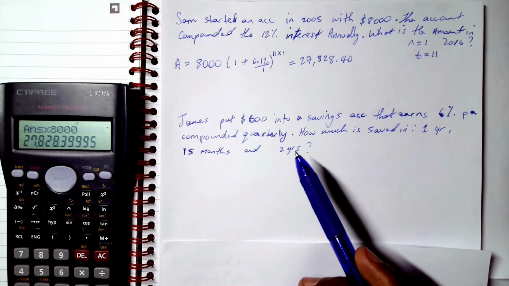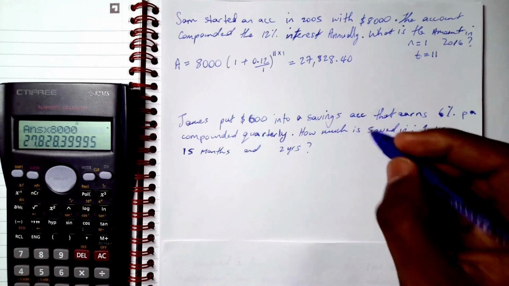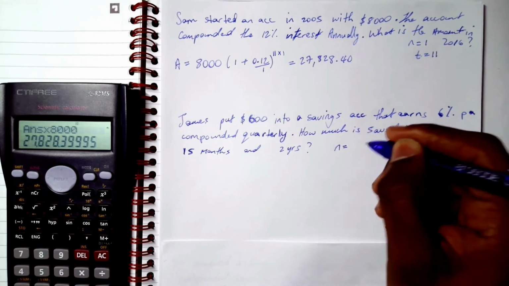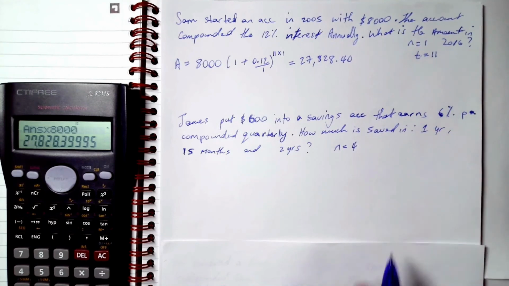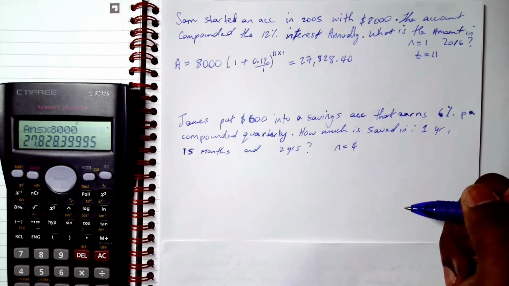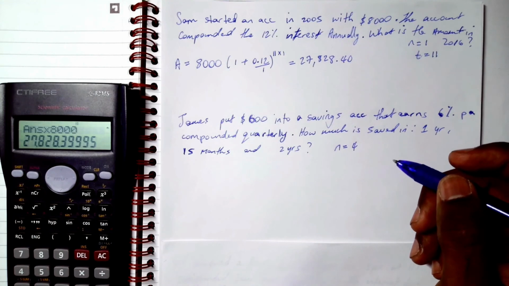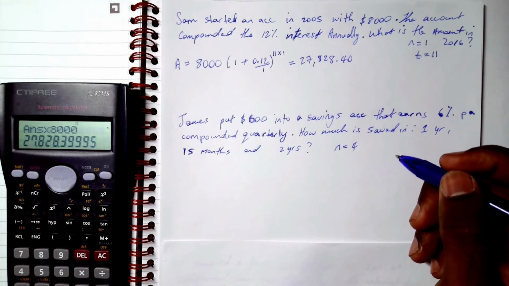That's 3 questions basically. So because it's compounded quarterly, we know our N is equal to 4. Cool? And we have 3 T's because we have to calculate the accumulated amount 3 times for 3 different time periods.